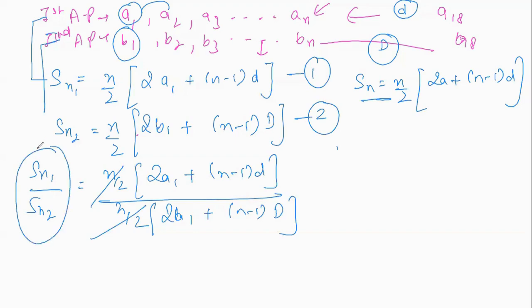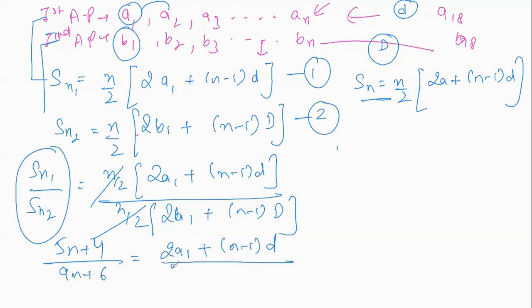Now, Sn1 by Sn2 is already given, which is 5n plus 4 over 9n plus 6, and that is equal to (2a1 plus (n minus 1) times d) over (2b1 plus (n minus 1) times D). Okay, so this is the third equation.